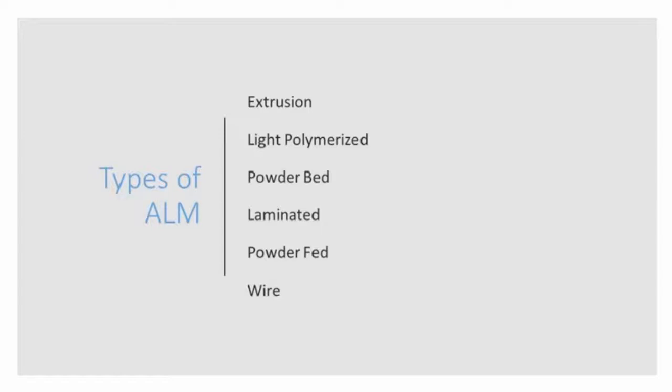Some printers are large enough to fabricate buildings, whilst others tend to micro and nanoscale sized objects. Many different technologies can be exploited to physically produce the designed objects. For the purposes of this presentation, we will look at extrusion and powder bed ALM types. These are the most commonly used within our area of responsibility.